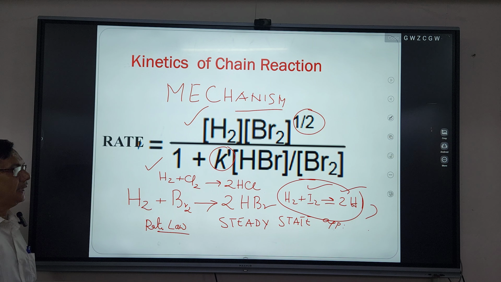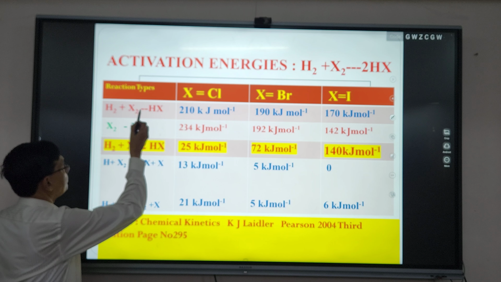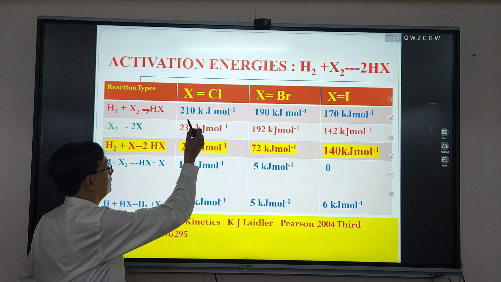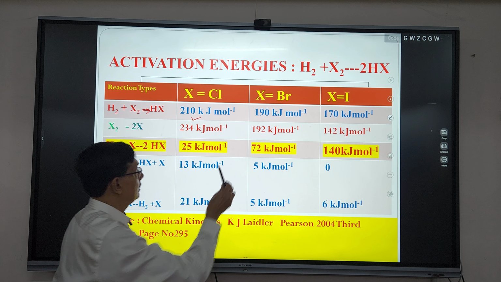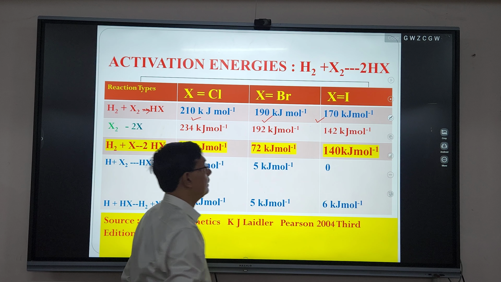Here is a comparative statement of the activation energies of the hydrogen-halogen reactions, and it is available in the book on chemical kinetics by K.J. Laidler. Now the overall energy of activation of this HCl reaction is 210, here it is 190, and 170.